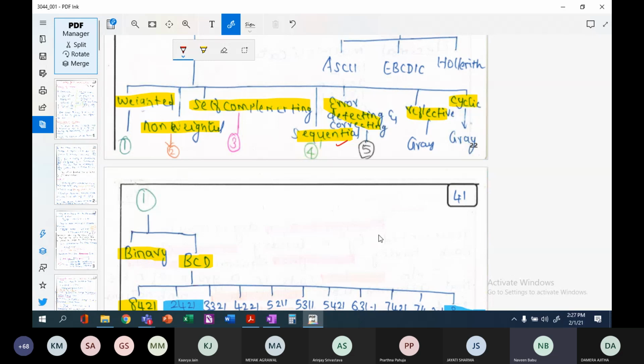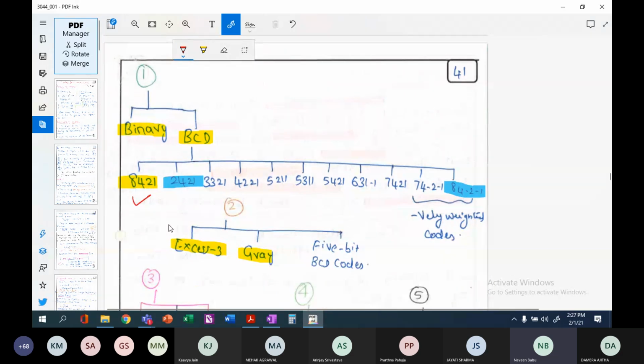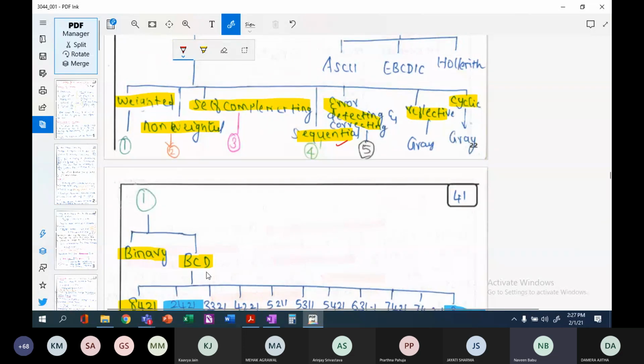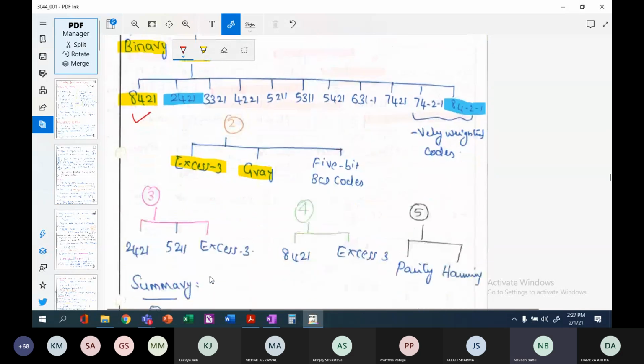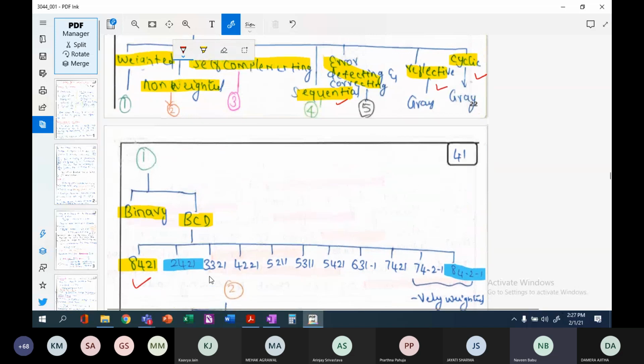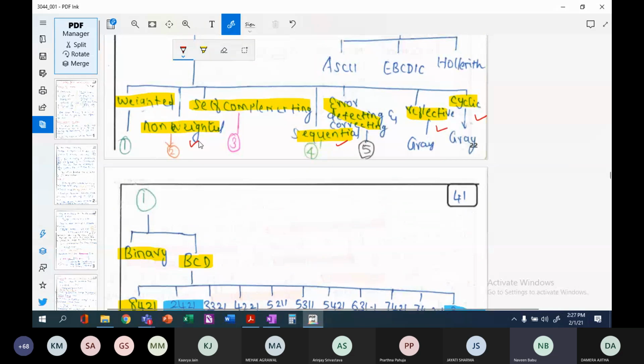Another example you can see here is the XS3 code and gray codes. These are non-weighted codes. They are not only non-weighted, they are also reflective codes and cyclic codes. And this XS3, if you look, is not only a non-weighted code, it is a self-complementing code also.